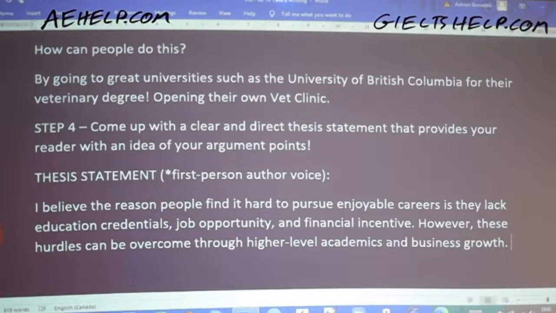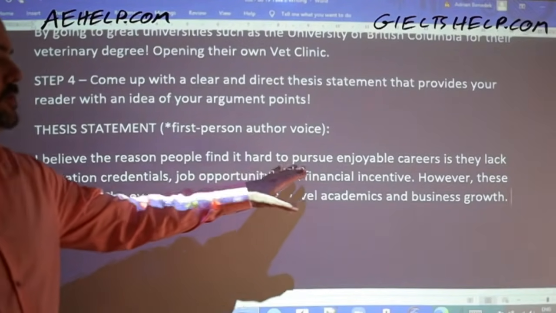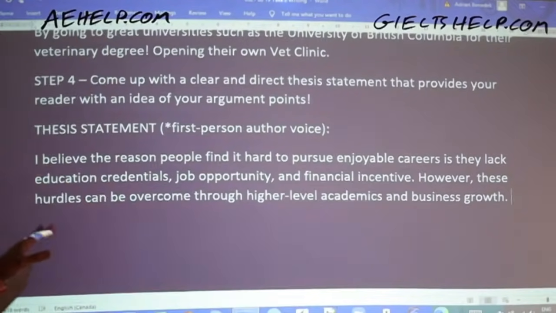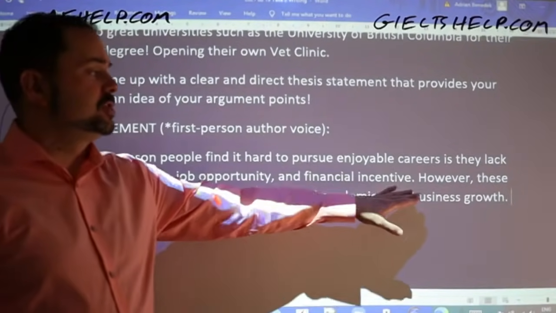All right. And so my thesis statement here is, I'm going to read it while we wait for some of yours. I can feel you thinking. So here's my thesis statement. I believe the reason people find it hard to pursue enjoyable careers is they lack education credentials, job opportunity, and financial incentive.